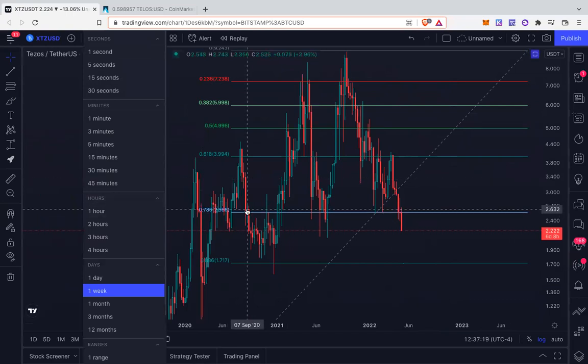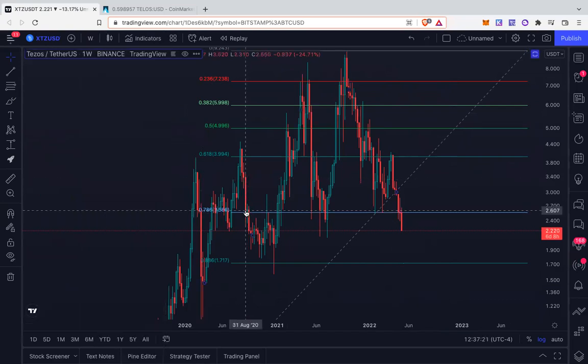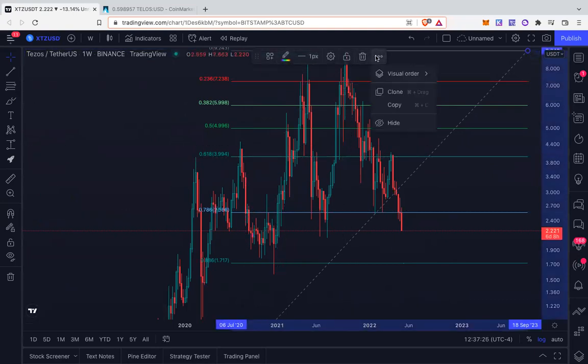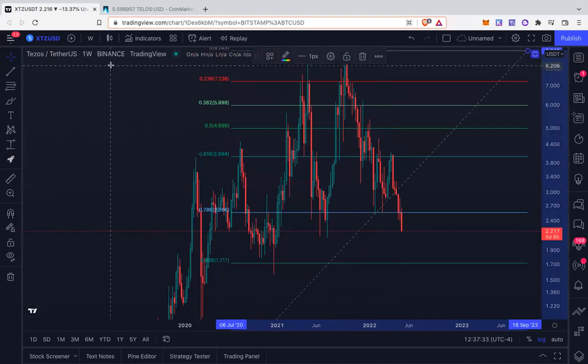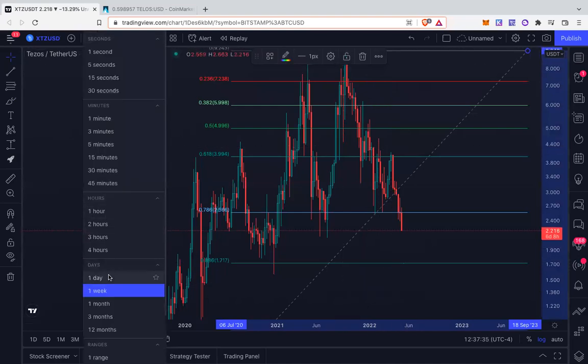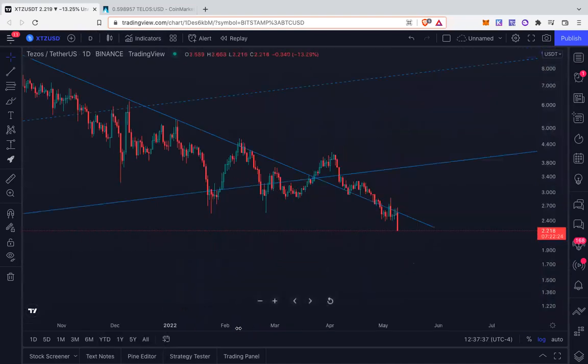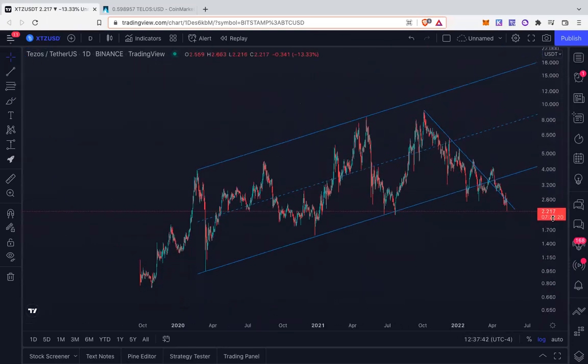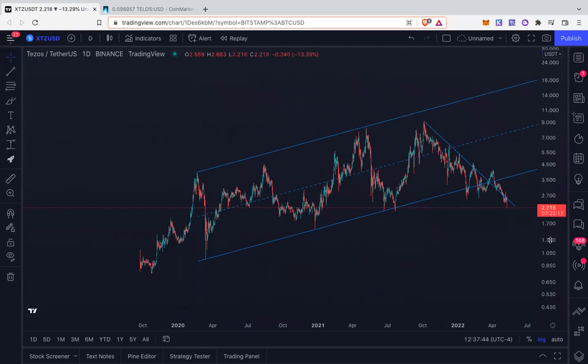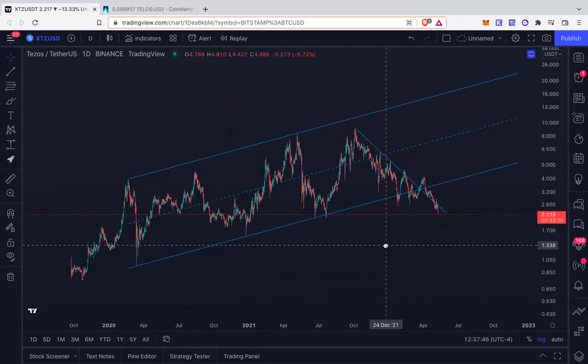Looking at the daily, let me hide this, not delete it, on your lower time frames. Okay, I'm going to go to the daily. I know there's this channel that XTZ has been in since 2020, since the low.